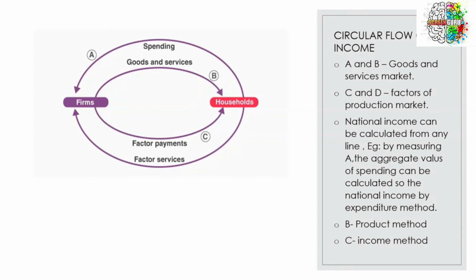Say from our house, we'll be sending people to the factory to work, and what will they get in return? They will get in return the factor payment called wages. And now imagine that we are landowners and we are renting our land to the factory or the firm. So what we'll get in return as factor payment is rent. And say for example, you are giving some machinery or some capital, you will get rent.